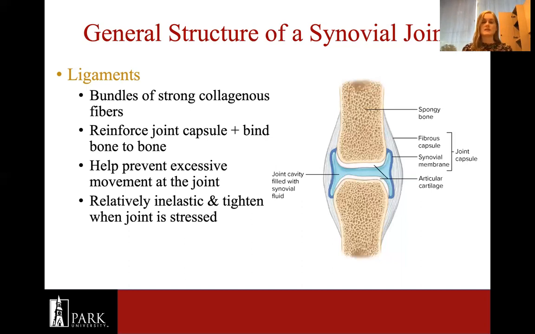Ligaments are relatively inelastic. They act more as a structural support, keeping it sturdy at the joint, and helping to tighten the joint when it is stressed. So it's really just there to support that joint during movement so that we don't get any tears or injuries.